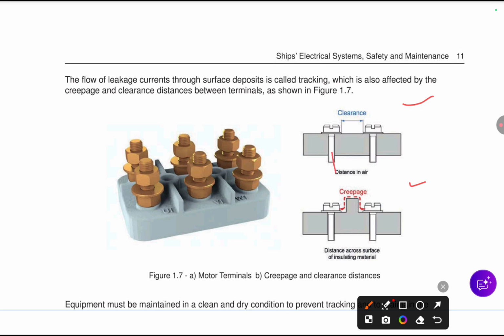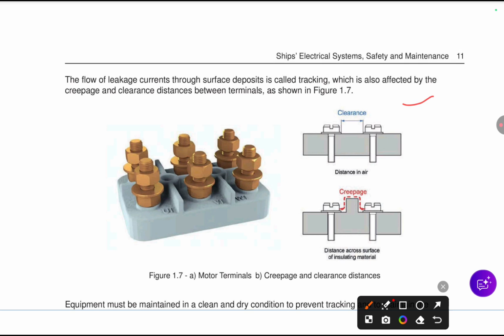If the current is flowing through two conductors, and the clearance is very small, then what will happen? There is a chance that the current will flow through the air from one conductor to the other conductor, and this will cause an arc flash.